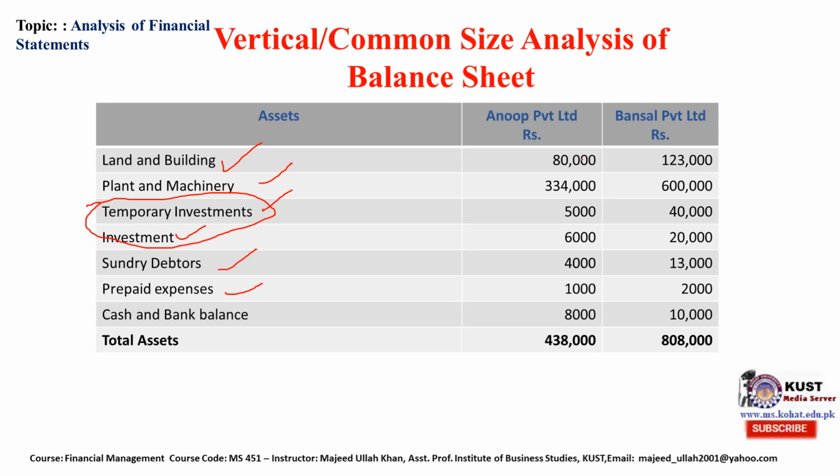Land is 80,000 and 120,000 for Bansal company, plant and machinery 334,000 and 600,000, temporary investment 5,000 and 40,000, sundry debtors 4,030, prepaid expenses 1,000 and 2,000, cash and cash balances 8,000 and 10,000.